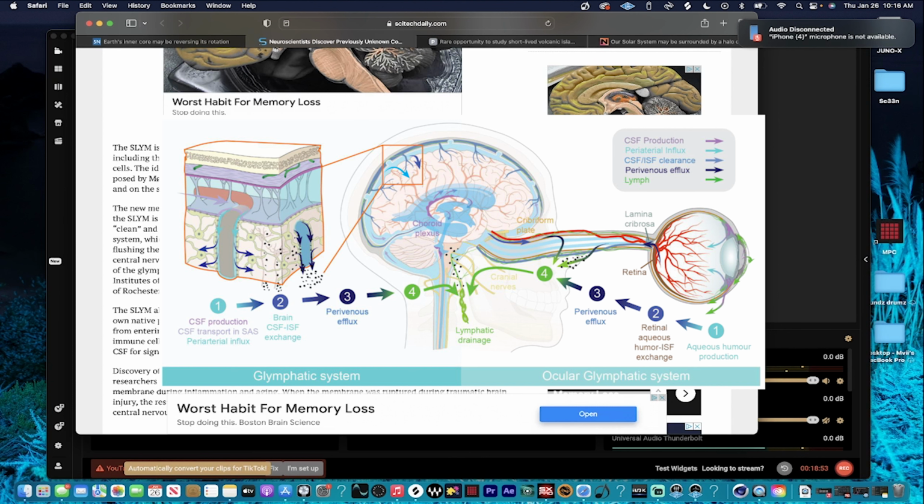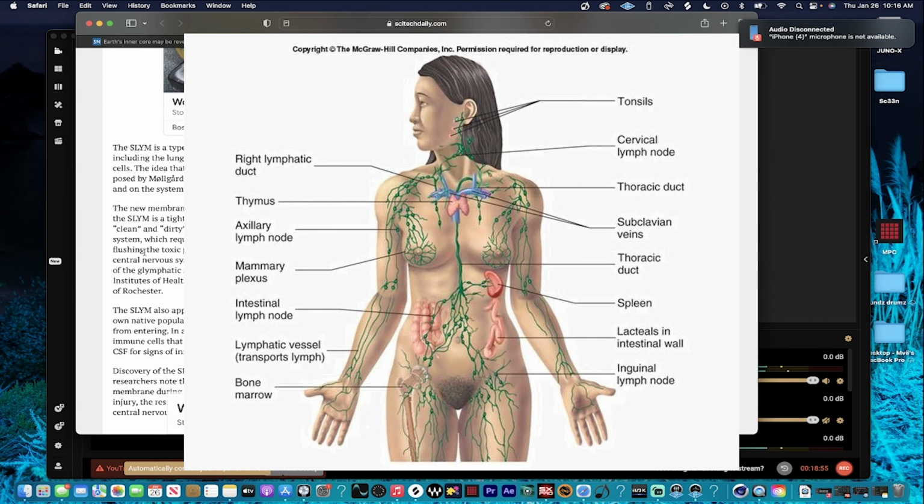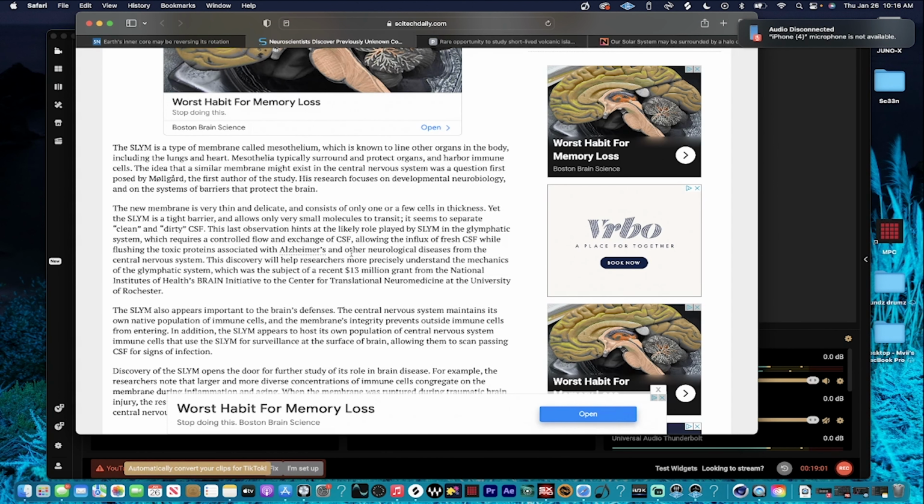The lymphatic is the rest of your body. Which requires a controlled flow and exchange of CSF, allowing the influx of fresh CSF while flushing the toxic proteins associated with Alzheimer's. Just like I was saying, you're getting all these toxic proteins stuck in there, ruining your neurons.